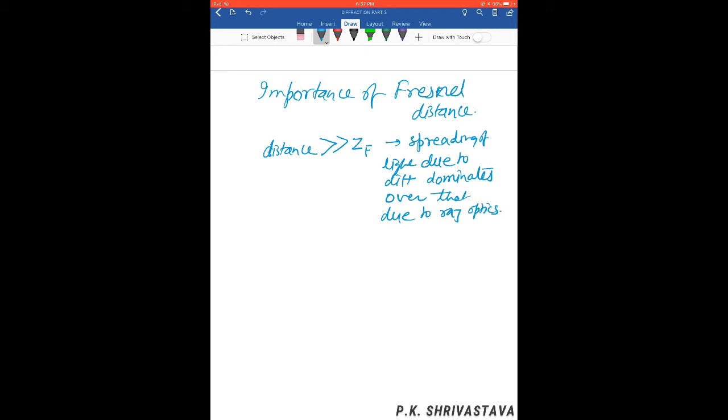If distance is greater than the Fresnel distance, then we have to consider the diffraction effects.